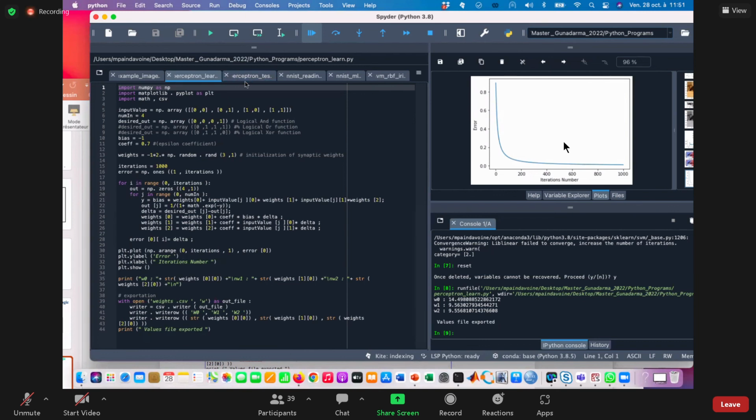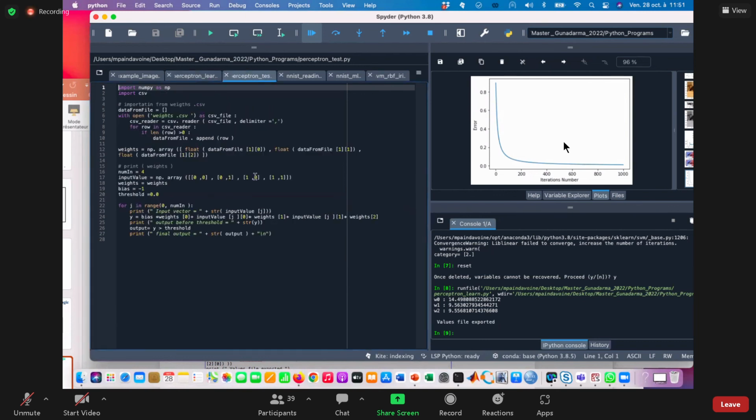So now I can read this one, and now I can test the outputs that I have to obtain. So now what I do, I read my weights file here, and after I test for the 4 possible combinations, I test my perceptron, my neural network.